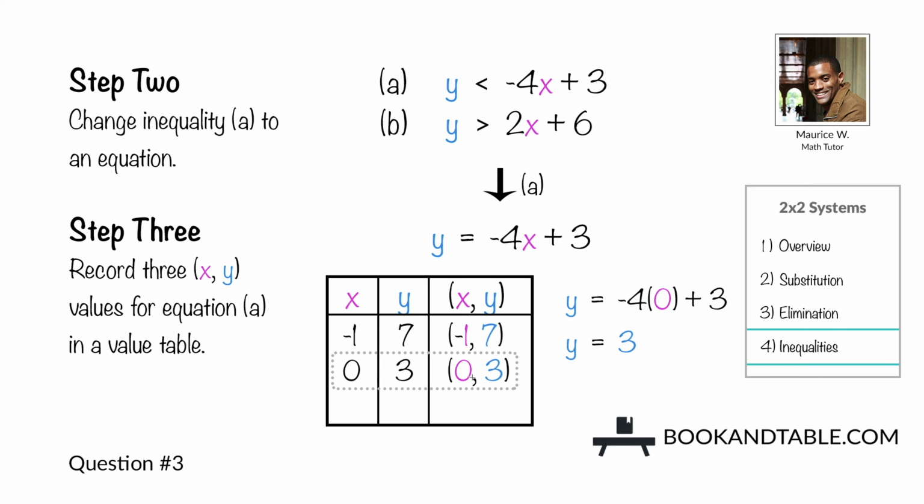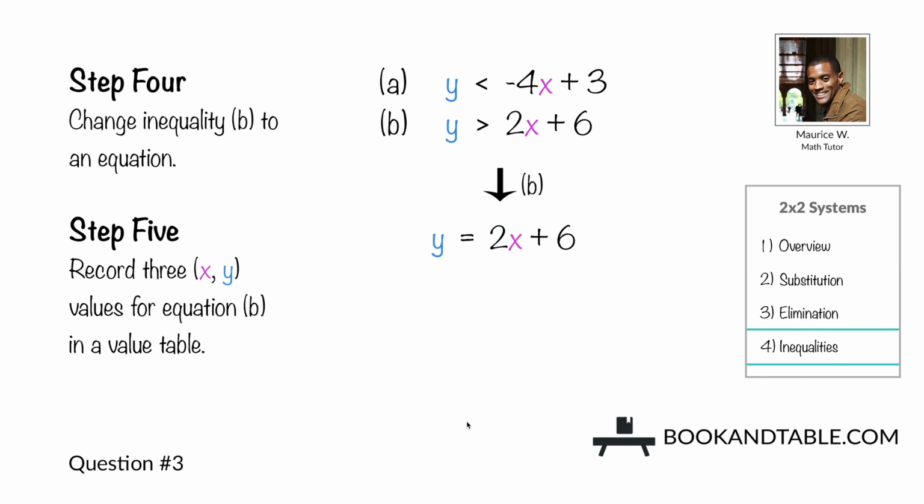So the second point in the value table is 0, 3. The third point, when x is positive 1, y is equal to negative 4 times 1, which is negative 4. Negative 4 plus 3 is negative 1. So when x is 1, y is negative 1. So this is our value table for A, and we repeat the process for B.